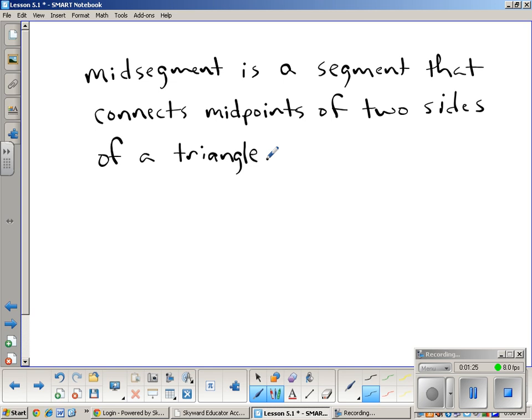We're going to use it with triangles. We could connect mid-segments of any figure, okay, quadrilateral, pentagon, whatever. It would still be a segment connecting the midpoints, okay? So a mid-segment is a segment that connects the midpoints of two sides. We're going to stick with triangles because that's what we are going to use it for.